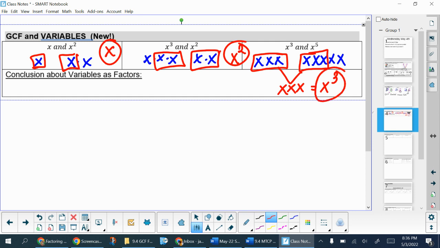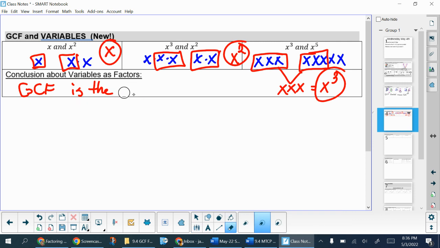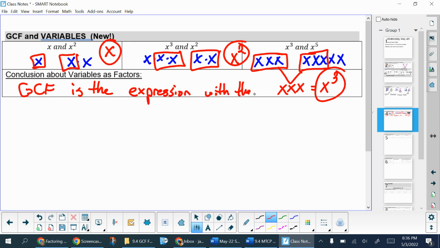So when you have variables with the same base, the GCF is the expression with the smaller exponent.